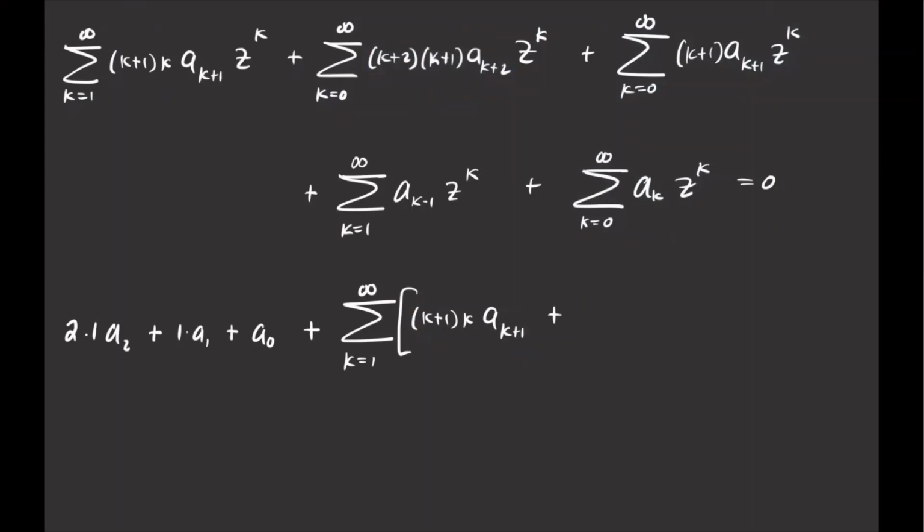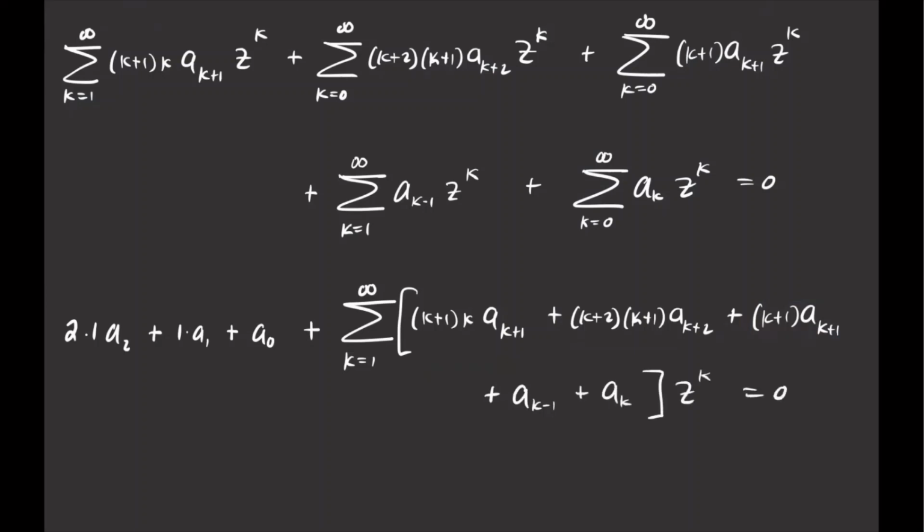So let's put that next. The third one, we're going to have these coefficients for z to the k. So I'm trying to write down all of their coefficients so that we can factor out z to the k. The fourth one, we have a sub k minus 1, and the last one, a sub k. Everything has z to the k equals 0.